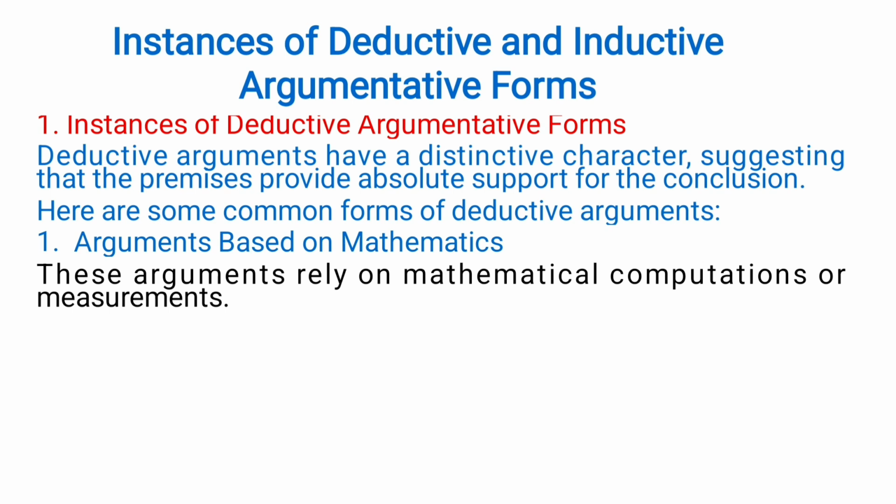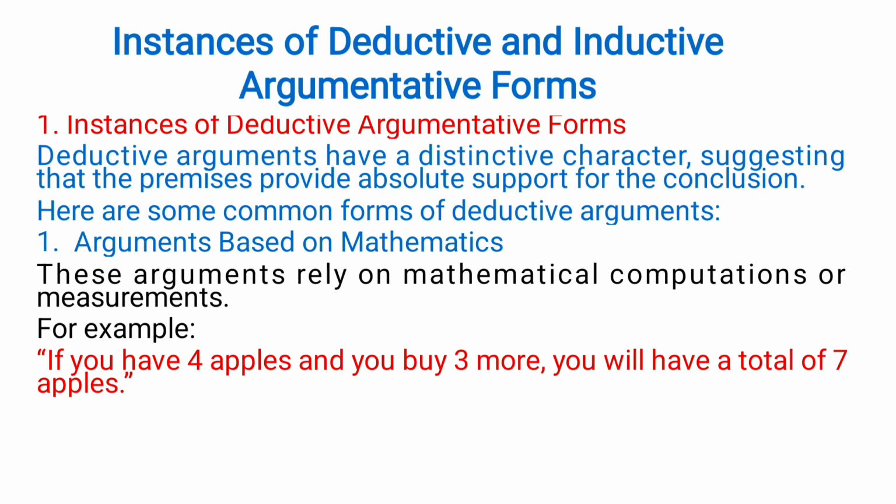For example, if you have 4 apples and you buy 3 more, you will have a total of 7 apples. So as it is indicated in the argument, the conclusion necessarily or absolutely follows from the mathematical premises.